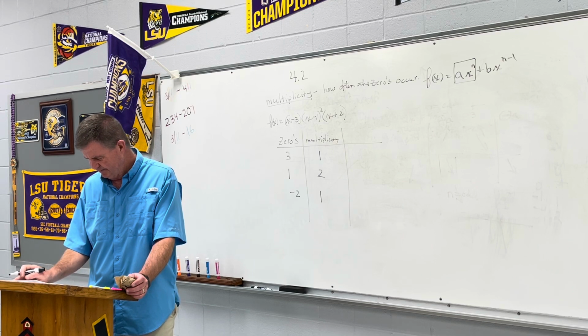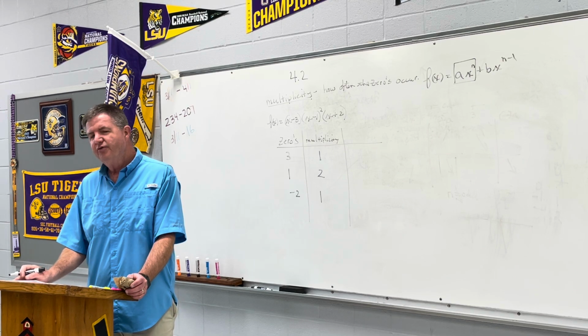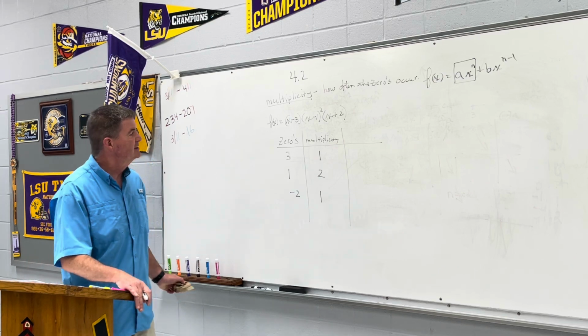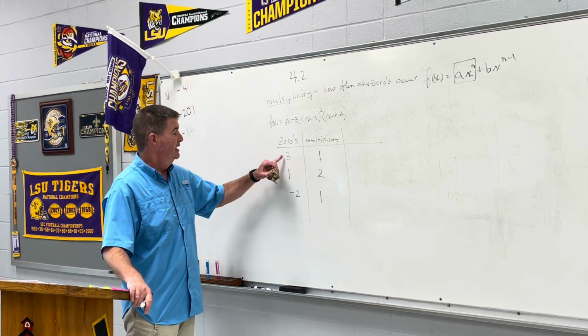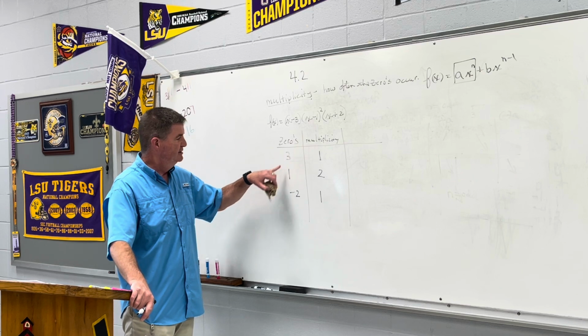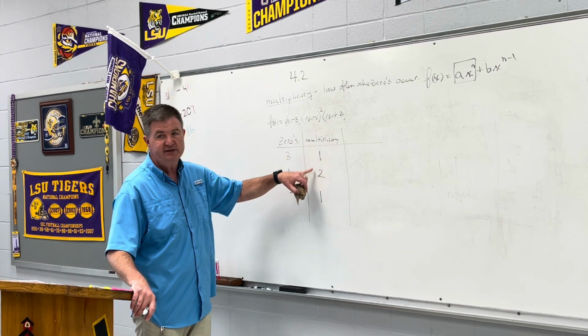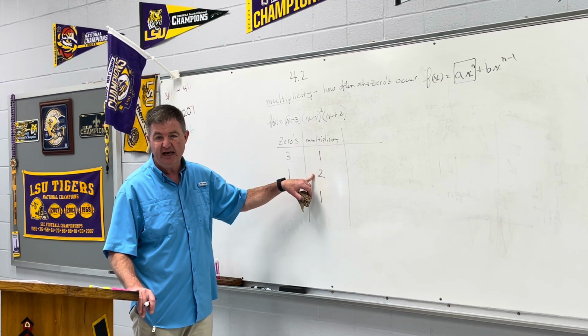Now, the reason we're doing a chart is because the multiplicity tells us something. The zero at 3 and the zero at 1 are both zeros, but the multiplicity differences mean something different happens.